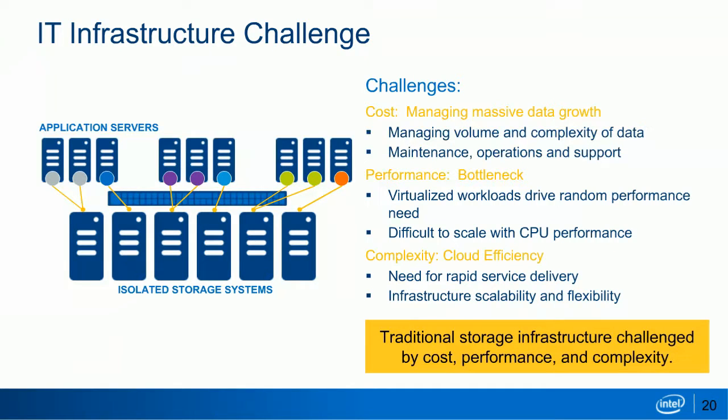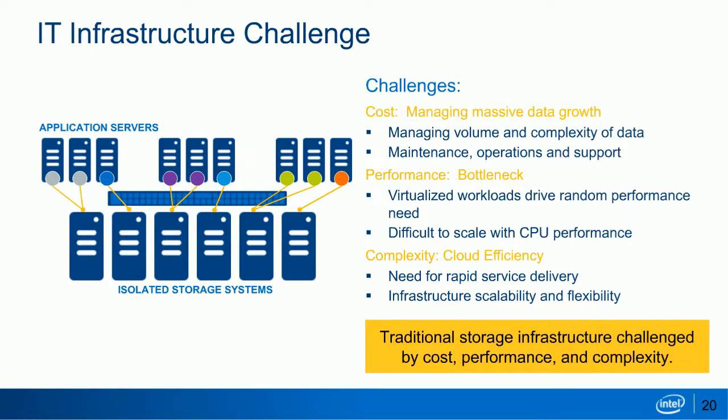So from an IT infrastructure challenge point of view, we see 3 aspects of things that's been the biggest challenge in an IT infrastructure. One is the cost, the second is the performance, and third is the complexity. From a cost aspect, what you see is as the data has been growing at a very rapid pace in the last few years, and to manage the massive amount of data growth, the storage technology or the storage hardware is not able to keep in pace with it, right?